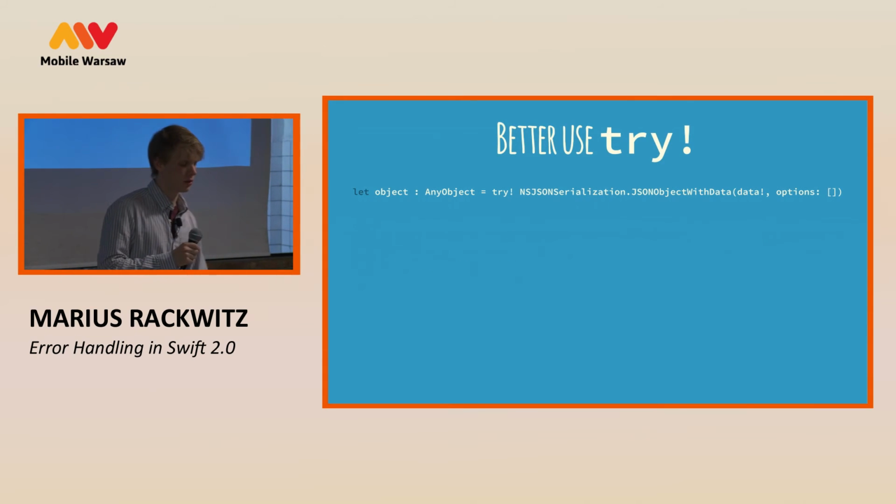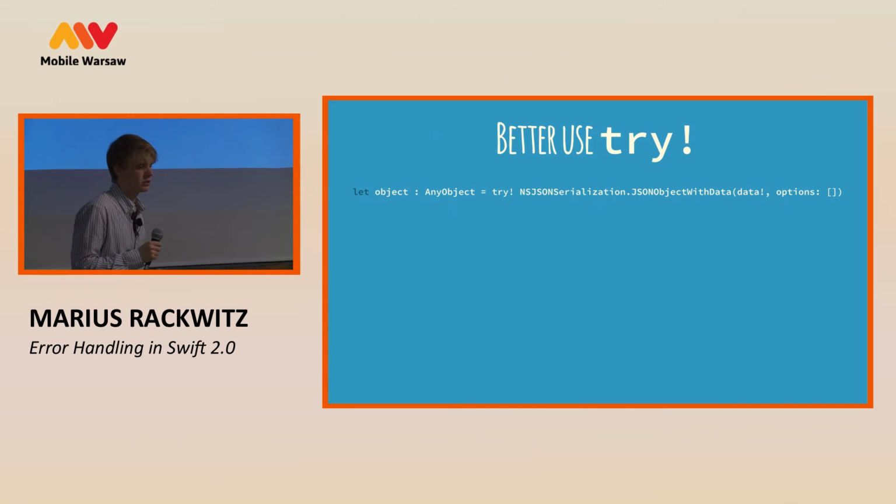There's this one thing which exists already in the early betas. It is try exclamation mark. And so you see, you don't have to wrap it in a do-catch statement. But on the other side, you have an implicit assert at this place.